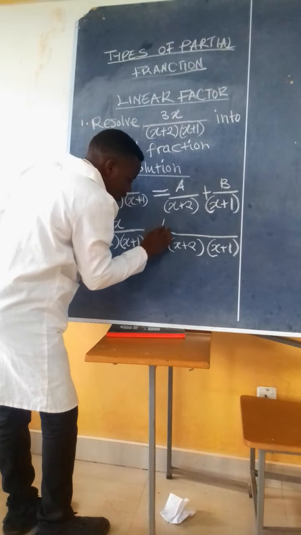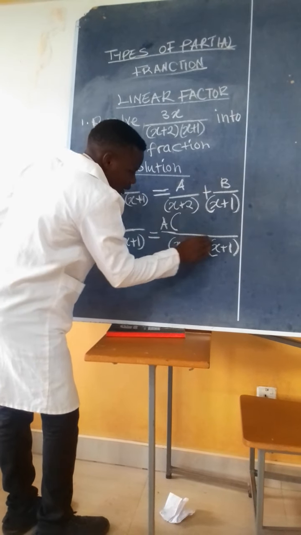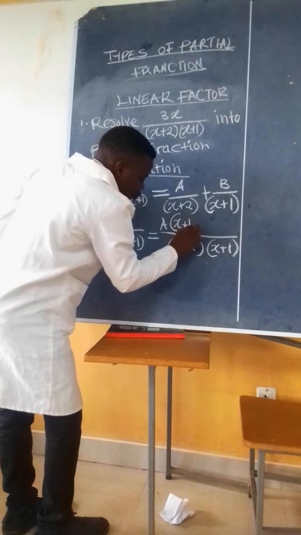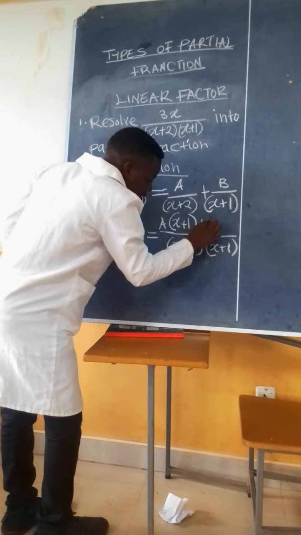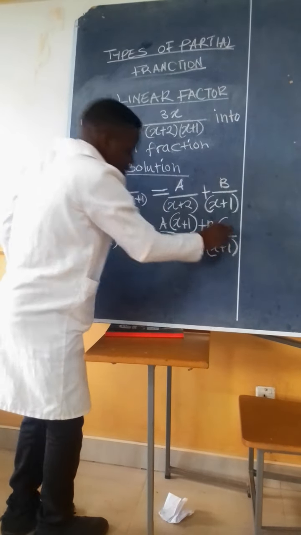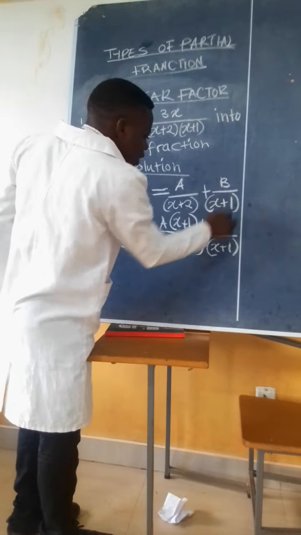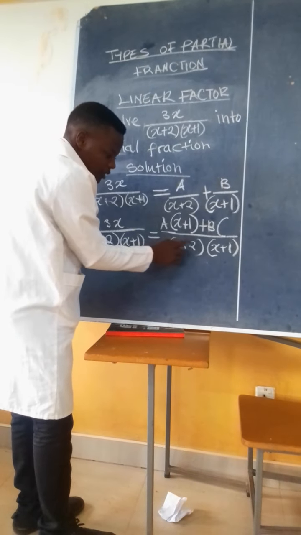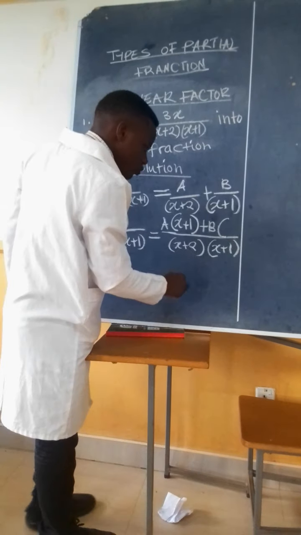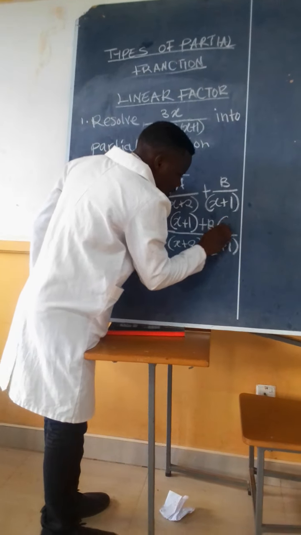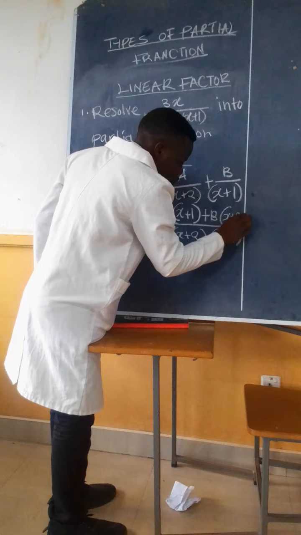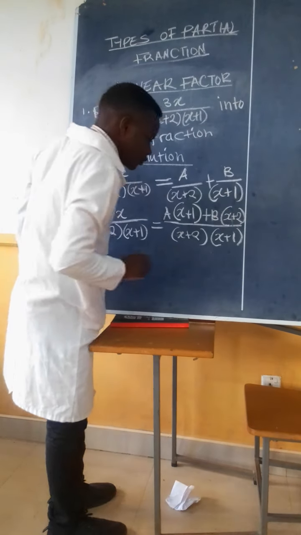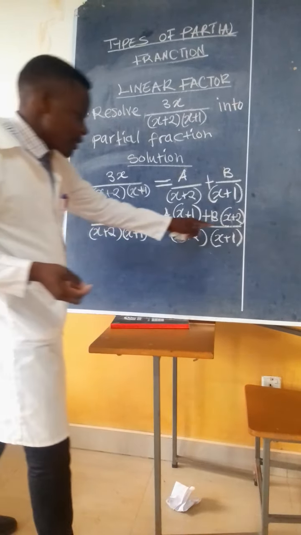So the answer will be A open bracket x plus 1 close plus B open bracket x plus 1 into x plus 2, x plus 1, so the answer will be x plus 2 close bracket. I think we are all together.